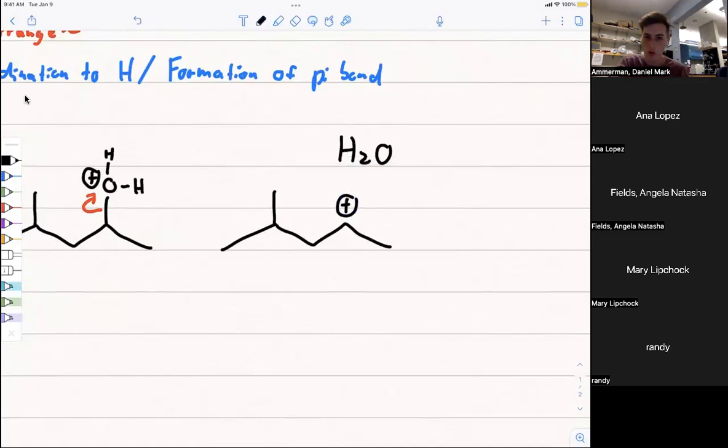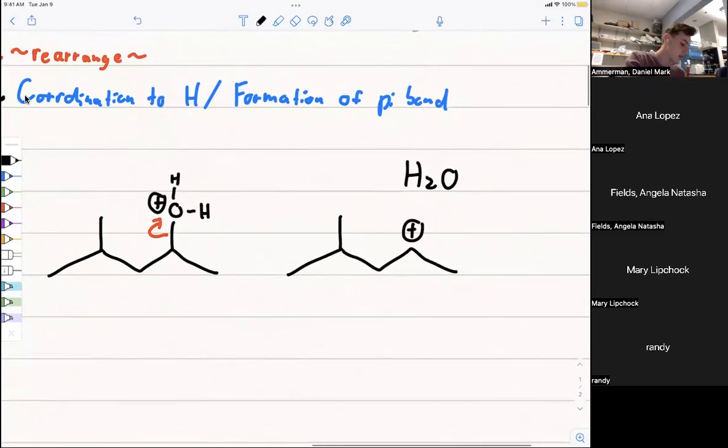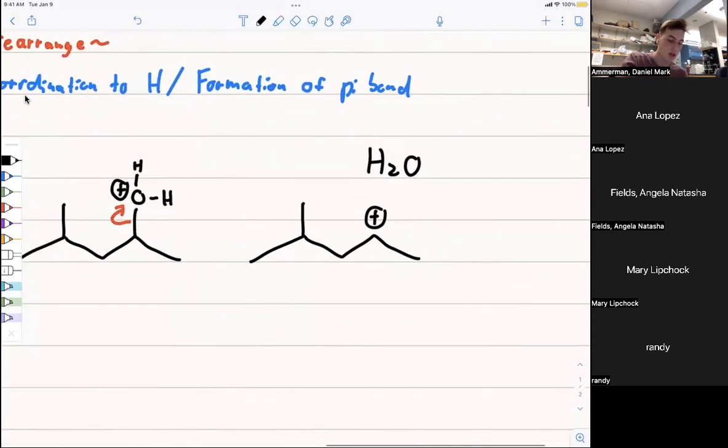So in this structure, we are going to have coordination to a hydrogen. It has to be adjacent. So we have two options here. We can use this hydrogen over here, or on this side, we also have hydrogens. So we are deciding which one is going to be better, this one on the left or this one over here.